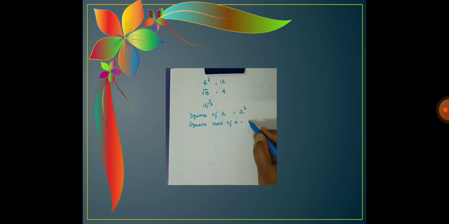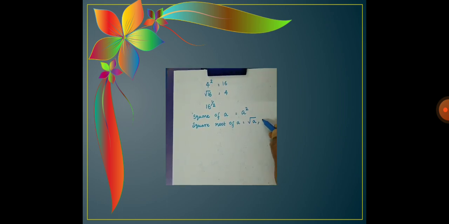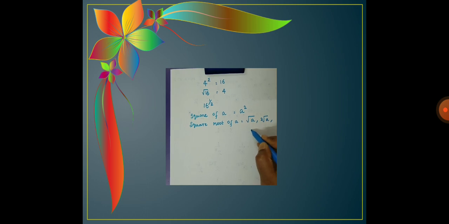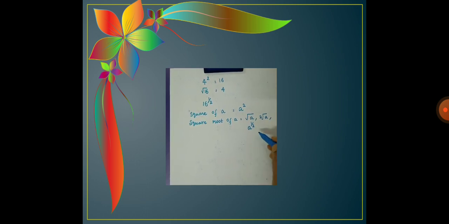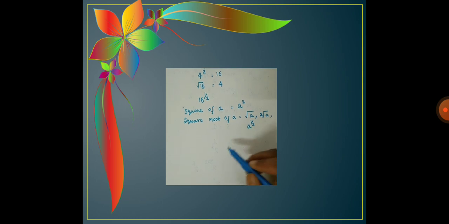How will we write it? Yes, we will write it like this, or the square root of a this way, or we can write it like this, a raised to the power 1 by 2. So these are the forms of writing the square root of a.